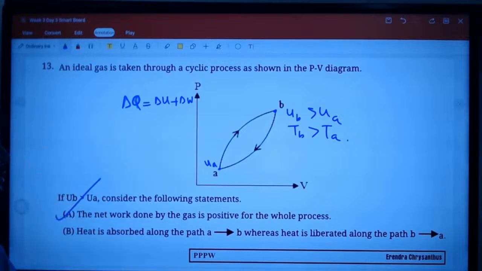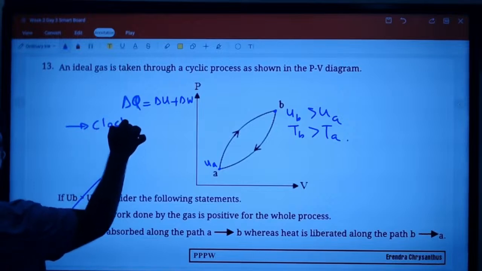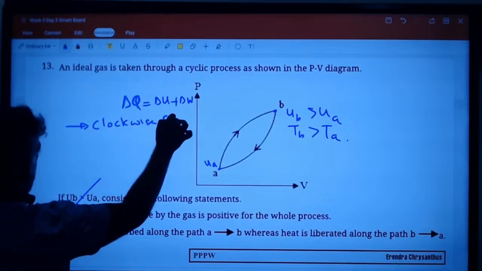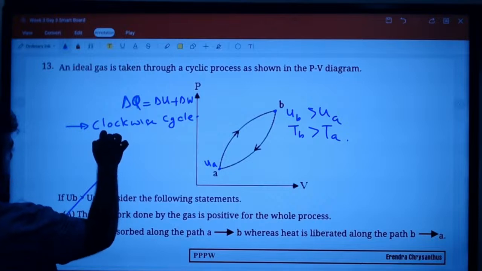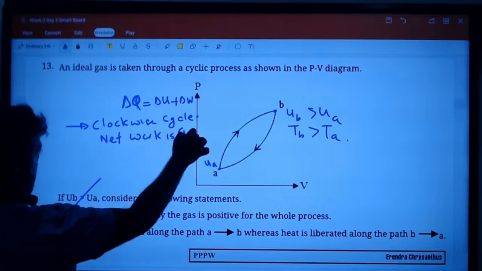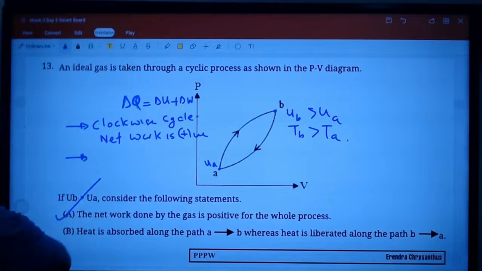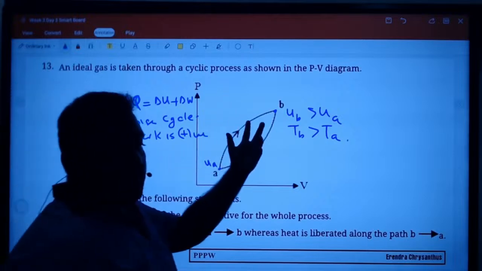Statement A is correct. So these are your points: clockwise cycle, net work is positive. Anti-clockwise cycle, net work is negative.